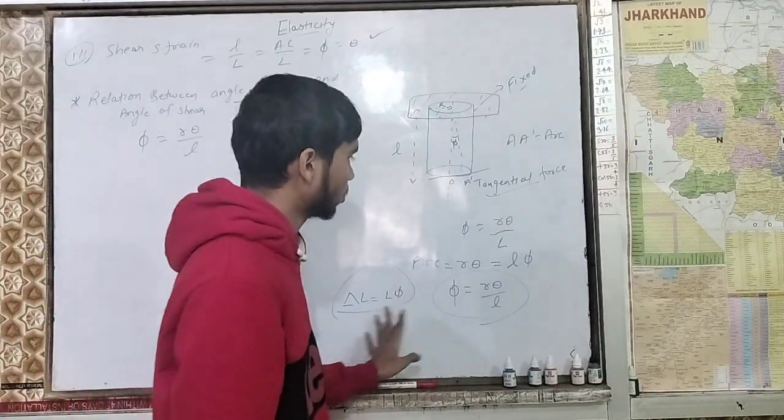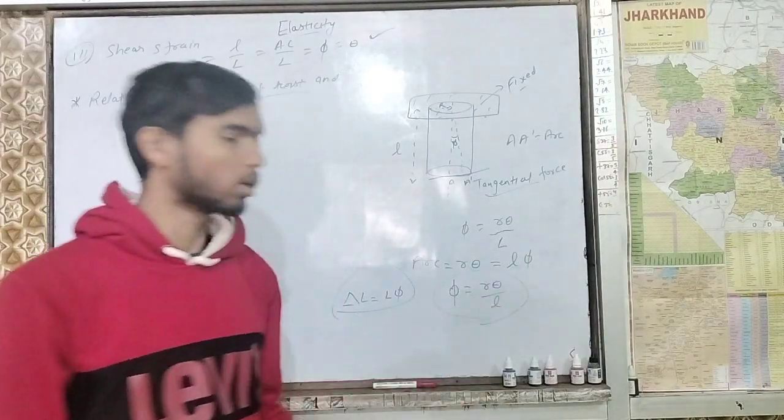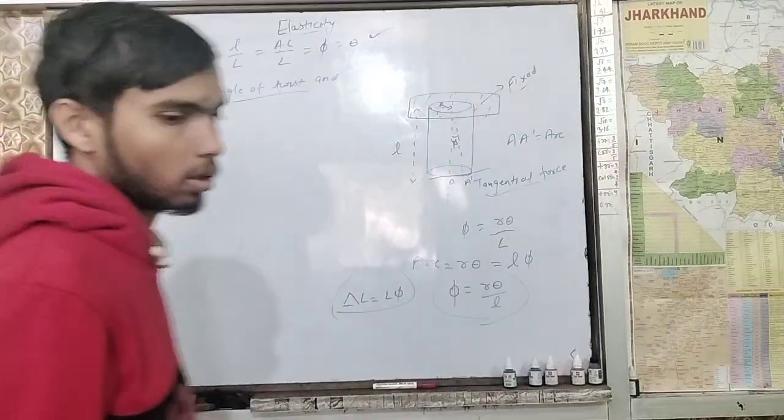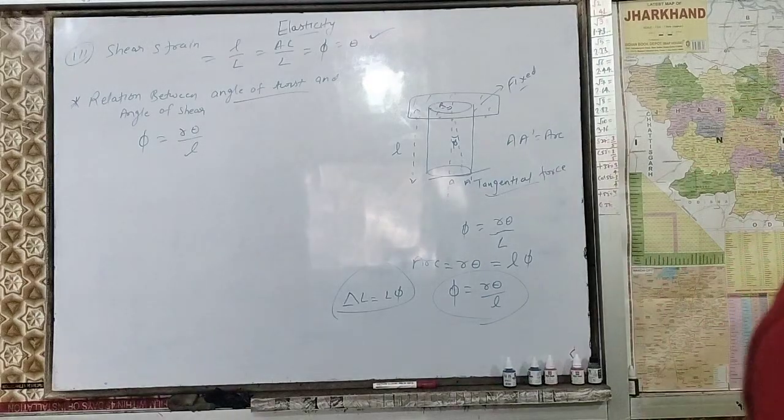Then just put it over here, and you will get phi is equal to r theta upon L. This will be used if a circular object is coming, like a circle, a sphere, or a cylinder.